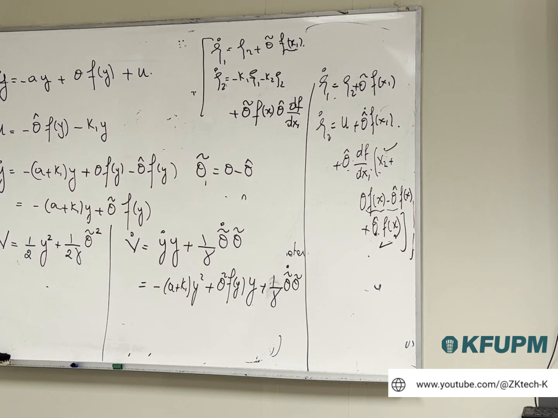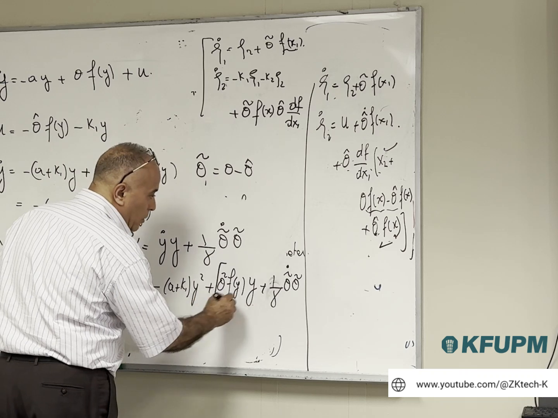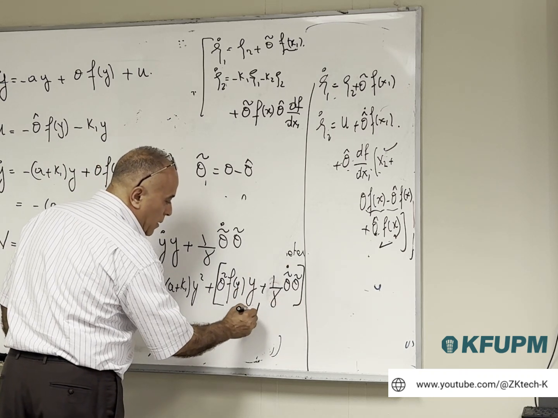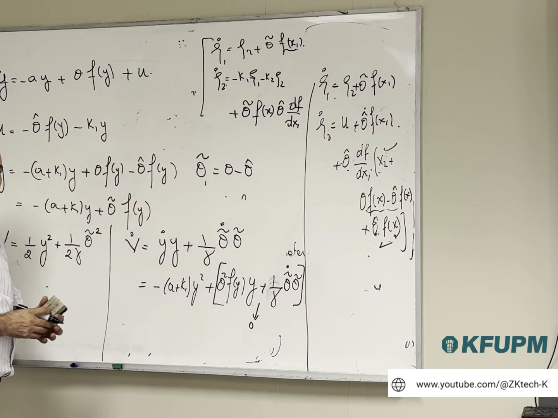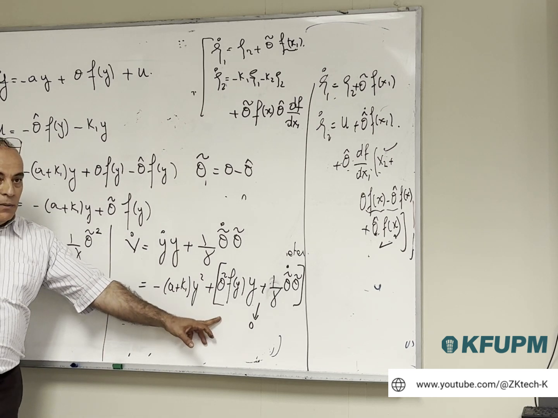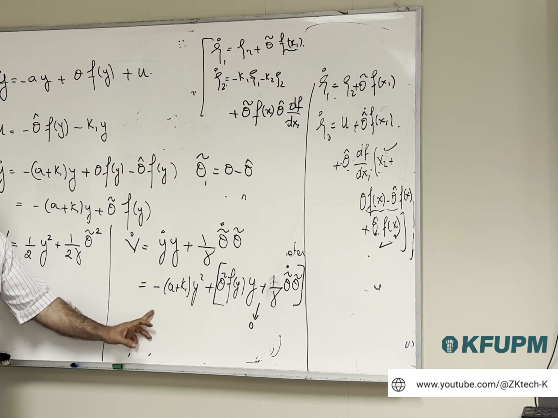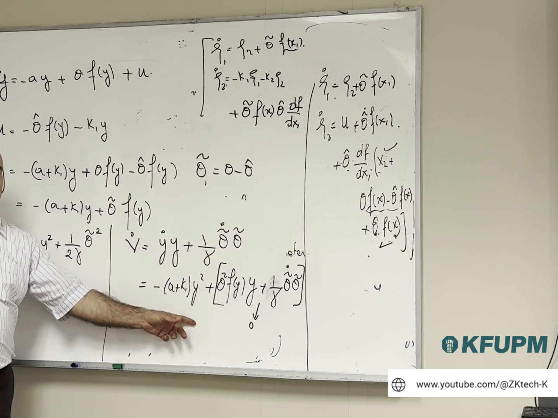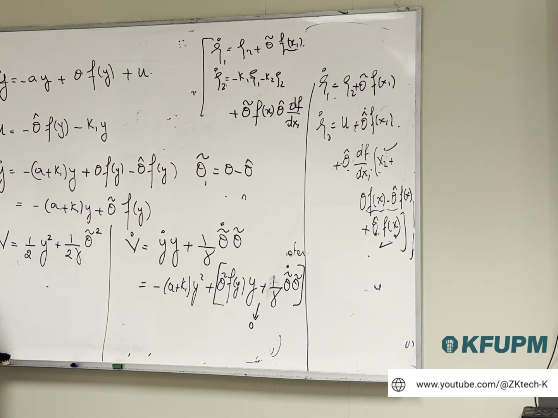Because we are going to assume theta is constant. So we are going to select theta tilde dot to make sure that this term is 0, because we have the control in it. And if we make this one 0, then we will have V prime equal to minus a times y squared, which is negative all the time, and it's 0 only at 0.